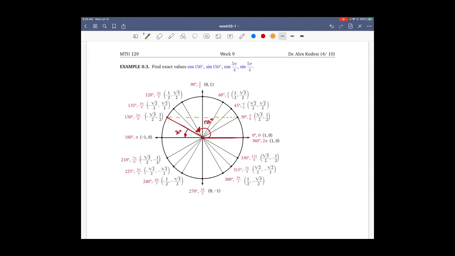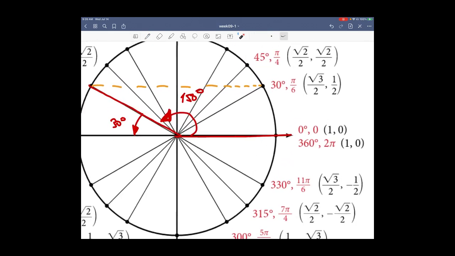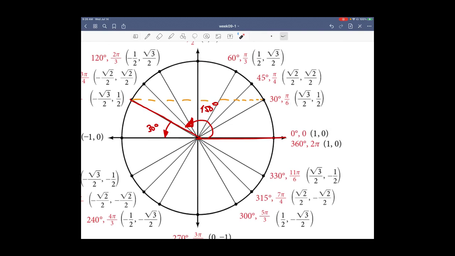We see immediately that sine 150 degrees is the same as sine of 30 degrees. Why is that? The argument is as before. This is 30 degrees. Therefore, this is 30 degrees.